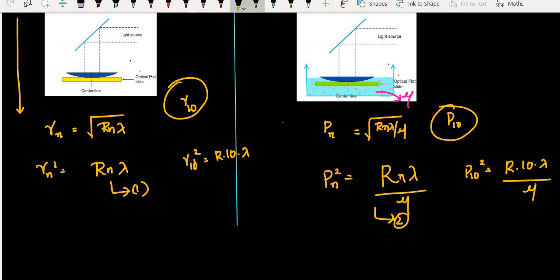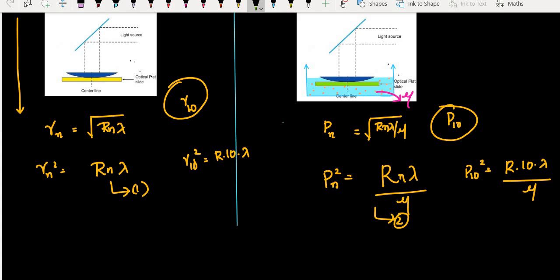I have conducted an experiment with the same arrangement, one in air film and one with some liquid introduced between the glass plate and the lens. I got two different patterns. With the air film, my nth radius is Rn. For the liquid film, my nth radius is Pn.